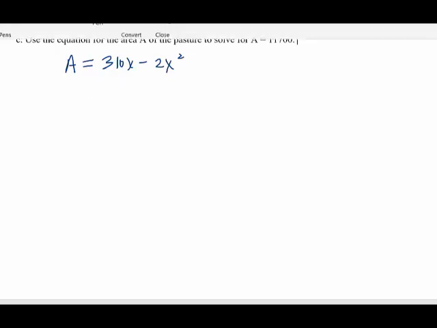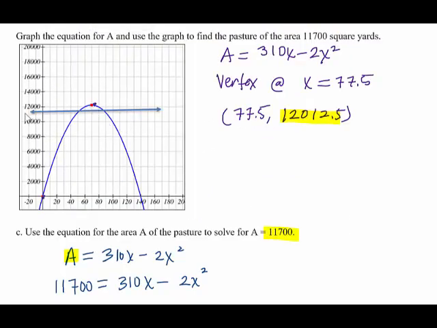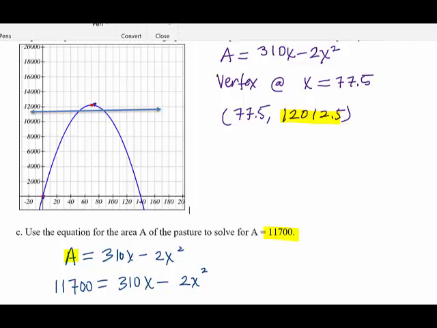And we're just going to substitute 11,700 for A. Okay, now we're going to try to solve this graphically. We will refer to our graph of the function from part B and see when the A values, or the area, is equal to 11,700. You can draw a line to approximate where 11,700 is, and the goal is to find the intersections.